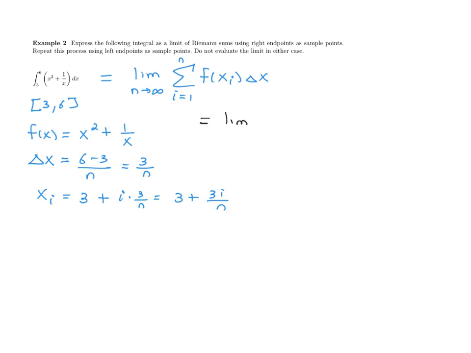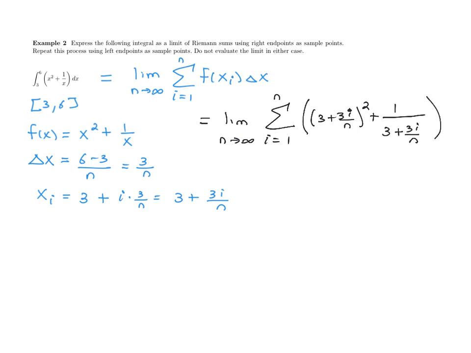It is the limit as n approaches infinity of the sum of i going from 1 to n of, okay, the function is x squared. That's (3 plus 3i over n) squared plus 1 over x sub i, which is 1 divided by 3 plus 3i over n. And this whole thing is multiplied by delta x, which is 3 over n.